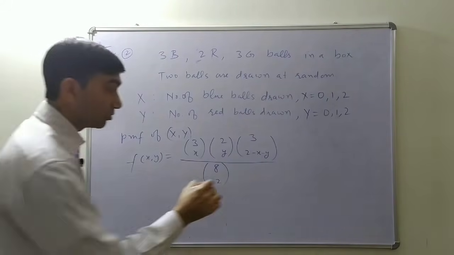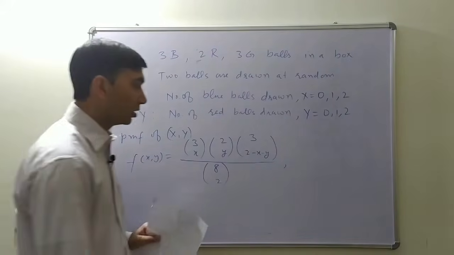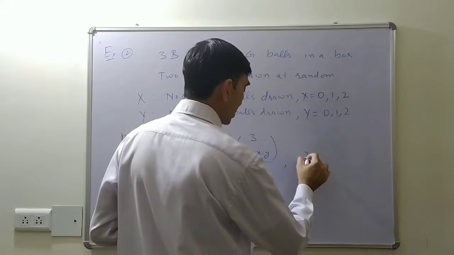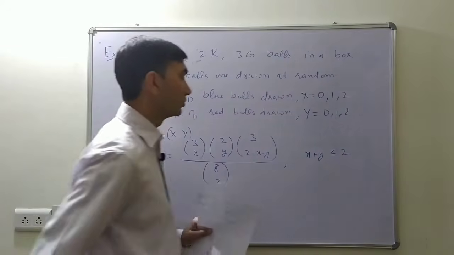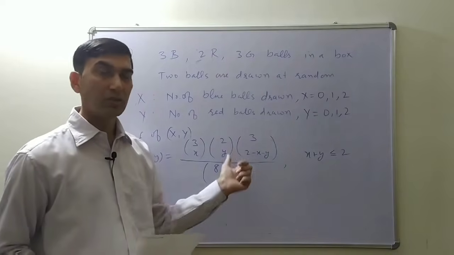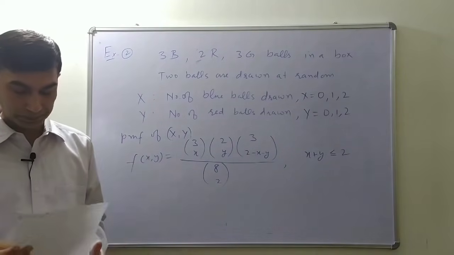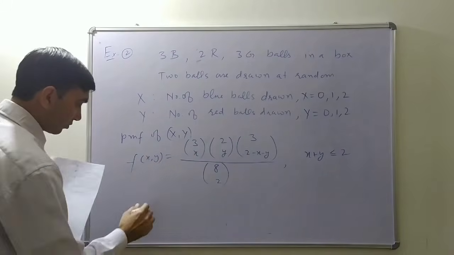So this is the general formula, or compact formula, for fxy. Here, notice that x plus y should be less than or equal to 2. If x plus y is greater than 2, then naturally the probability is 0. Okay? So now you can write your table using this formula.